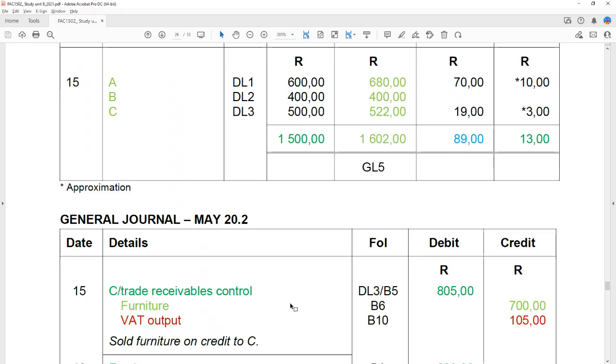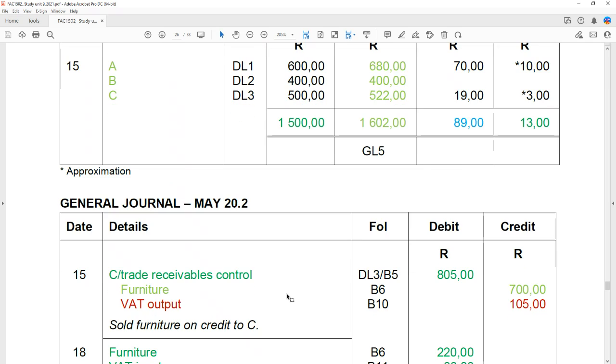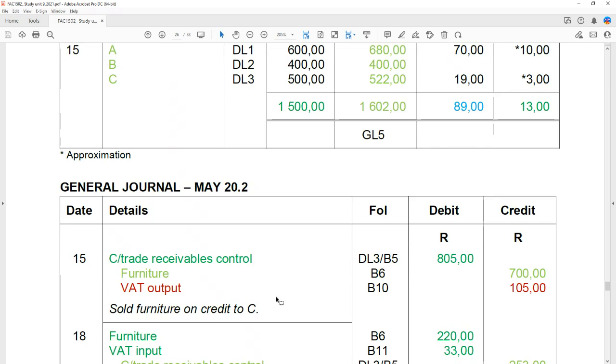Then we had our general journal, where we sold furniture on credit to C. Now remember, our sales journal is only used for our credit sales of merchandise. Only what we trade in is recorded in our sales journal. If we don't buy and sell furniture, then we're not going to record that in our sales journal.